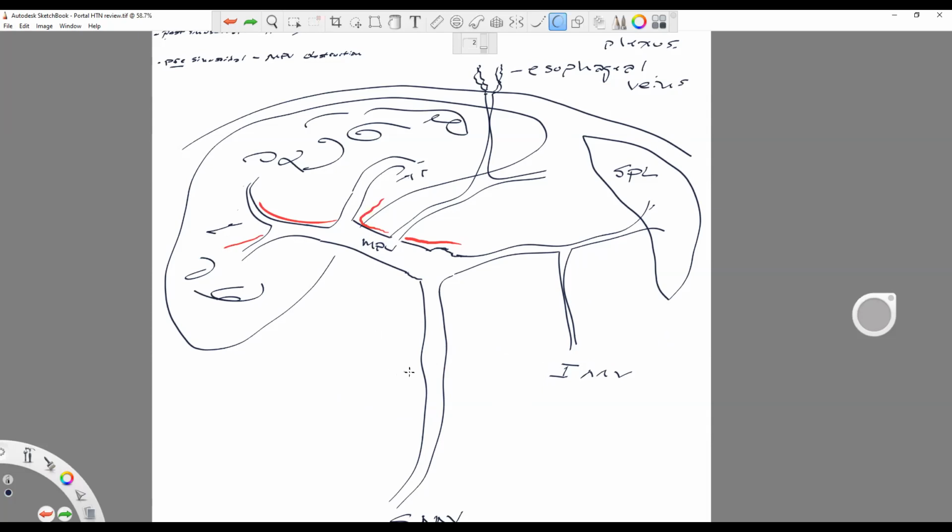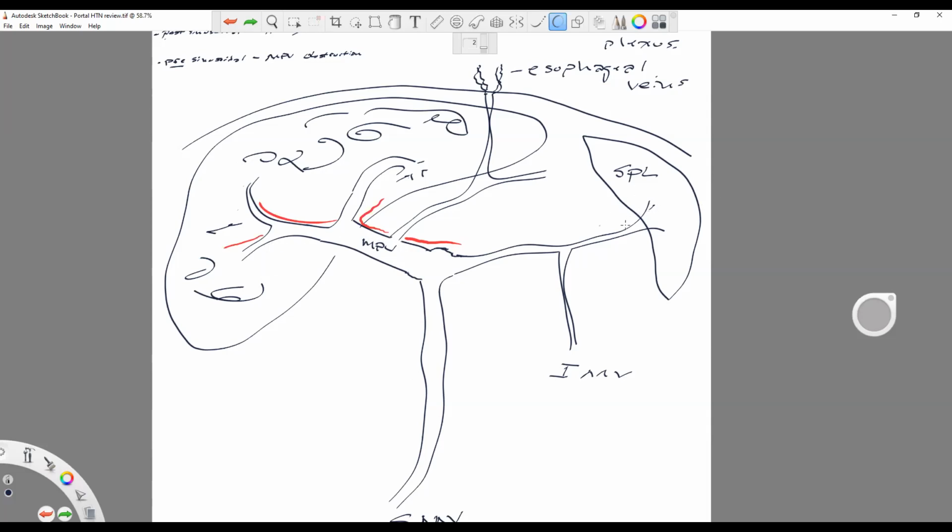But all of that, good stuff, bad stuff, gets into the portal system and goes straight to the liver, because that is the clearinghouse, the manufacturer, taking all of this raw material and creating good stuff out of it. So fats, sugars, alcohol, everything goes to the liver first, where it's processed.